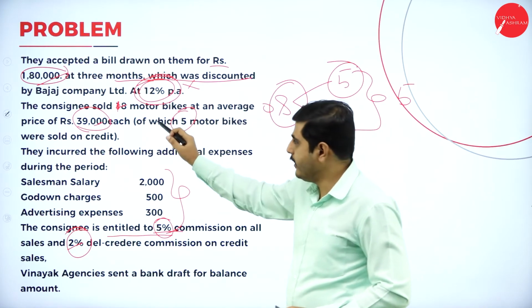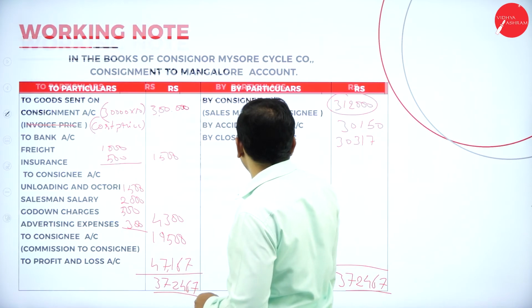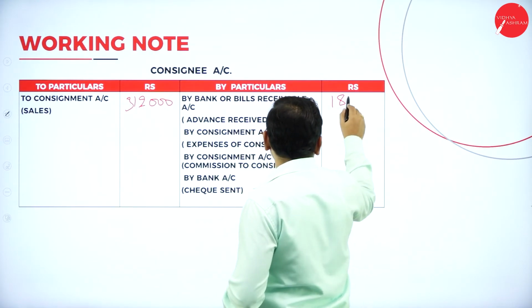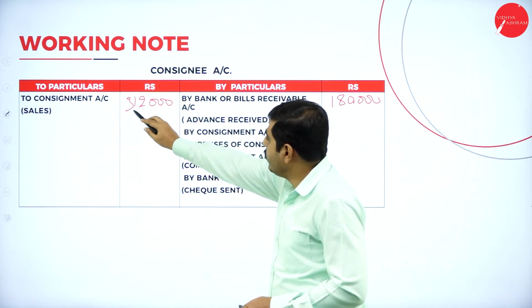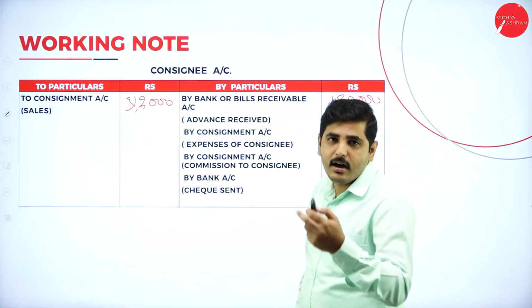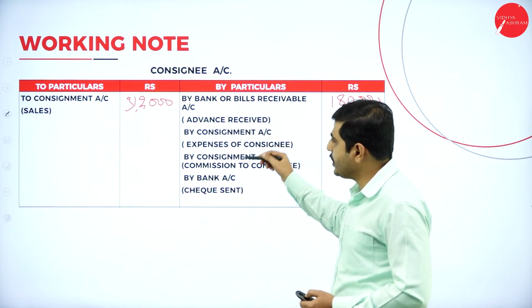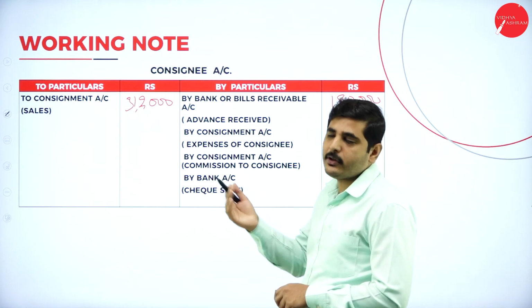So only take 1,80,000. This is the security deposit he has made. Out of 3,12,000 rupees, he will deduct all the expenses, his commission and his deposit. The remaining amount will be transferred to consignor account.